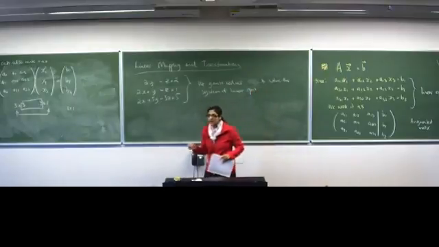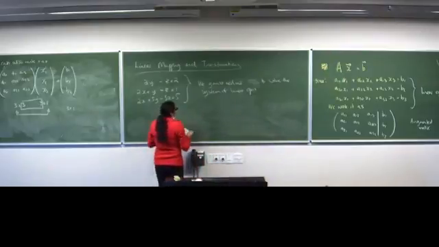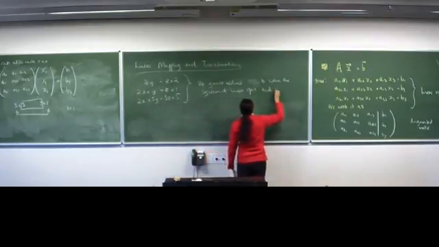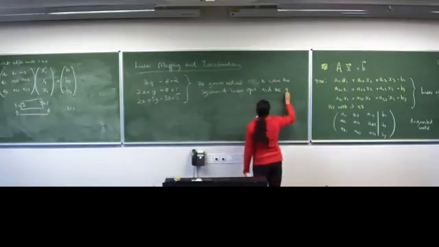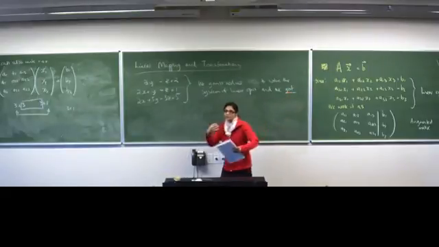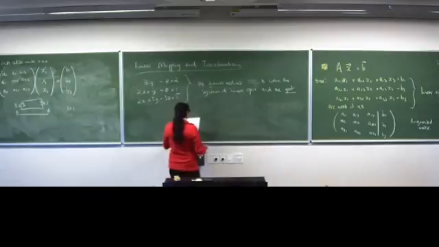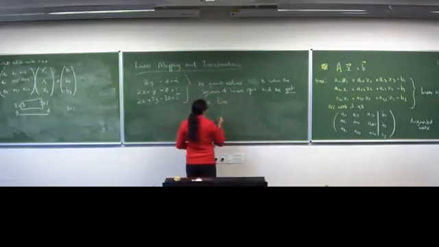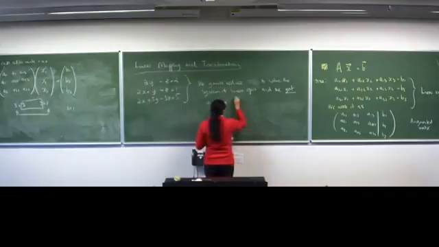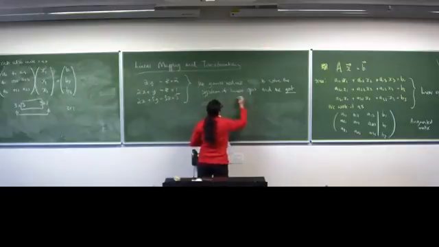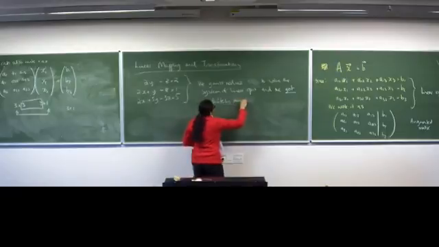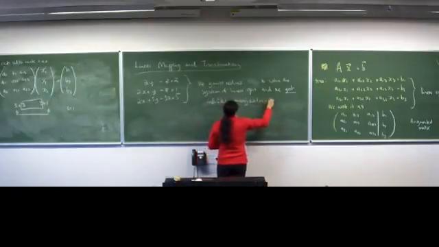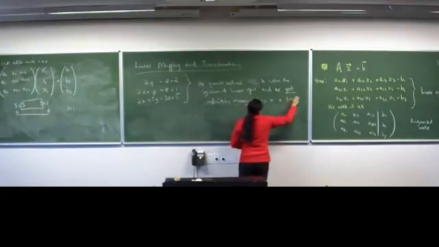And my answer, when I Gauss reduced, which is the correct answer, and you can do it if you want to, we got a line. So we got infinitely many solutions, or a line in R3.